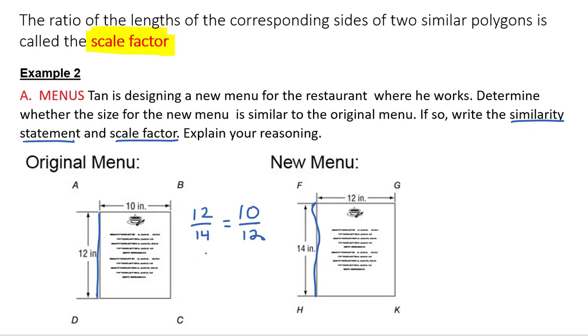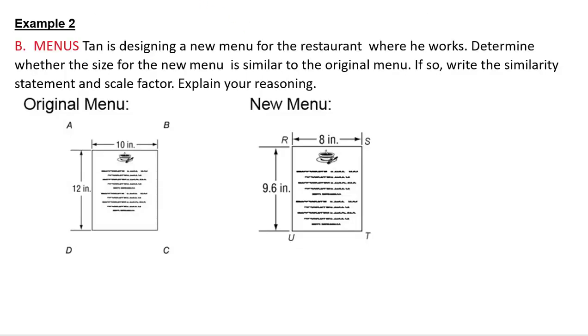Now looking at this, if I reduce all of those by 2, I get 6 over 7. Here, if I reduce by 2, I get 5 over 6. Those are not equal, so we're not similar. Example 2b.